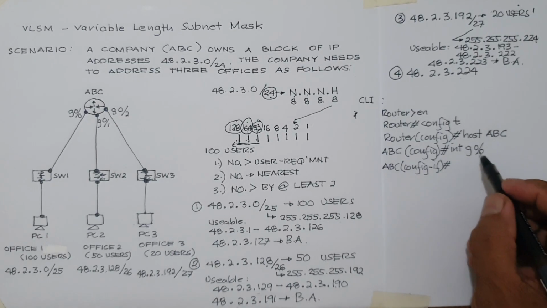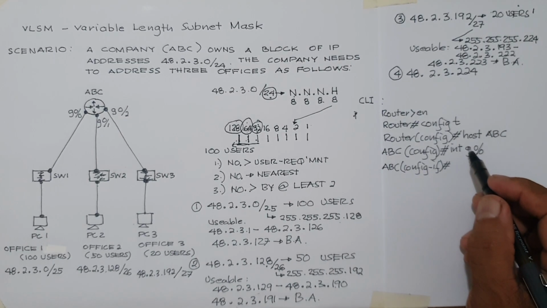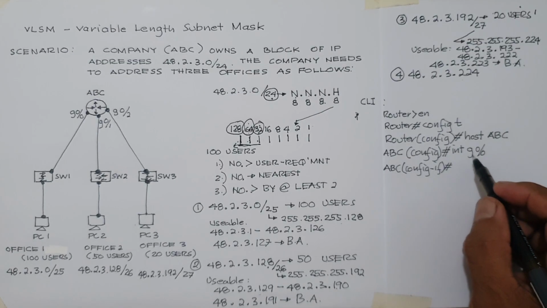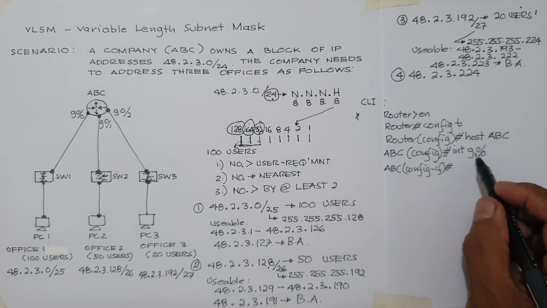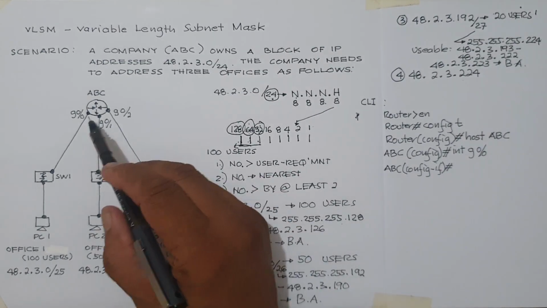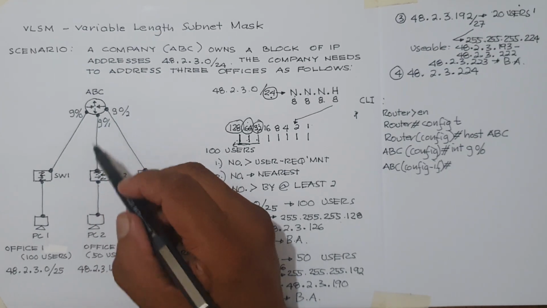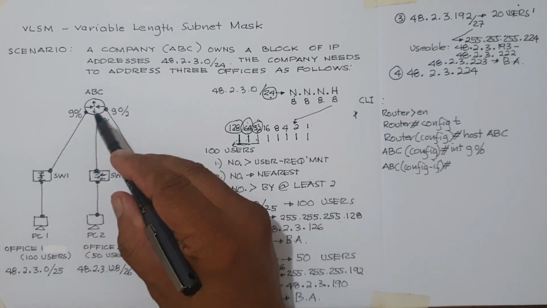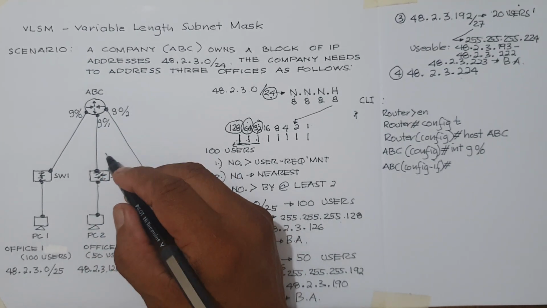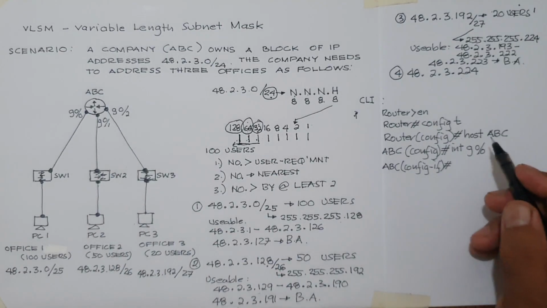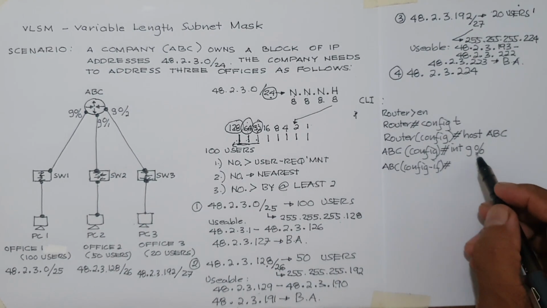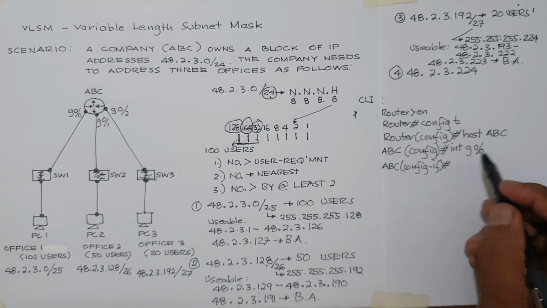By default, the interfaces of routers are in shutdown mode. So that's why you can see here in red, which means that these are not yet physically connected. So how do you change the state of this interface from down to up?